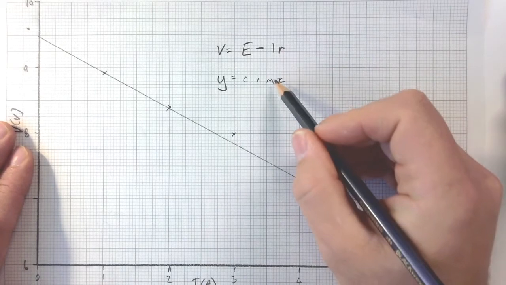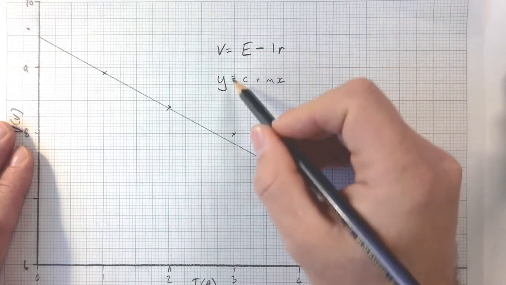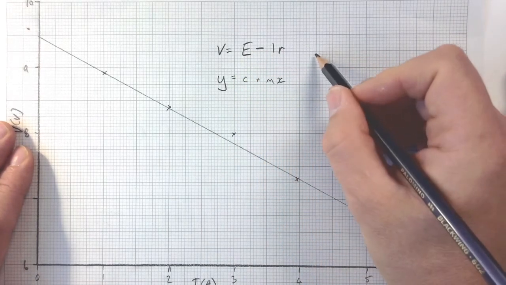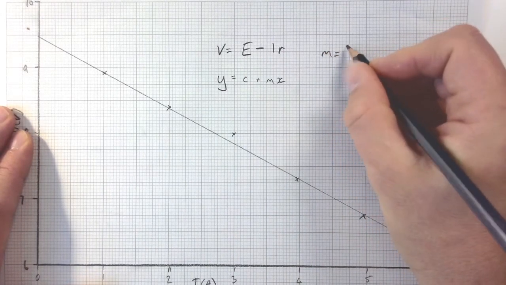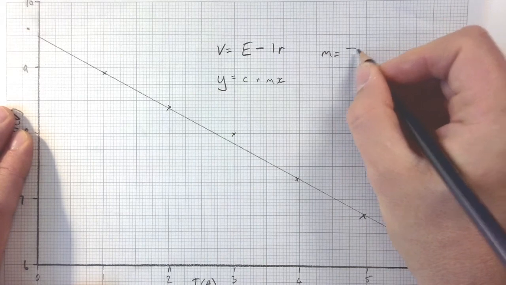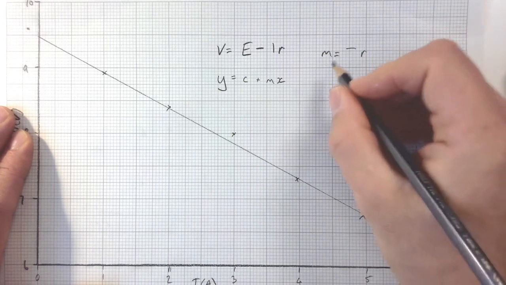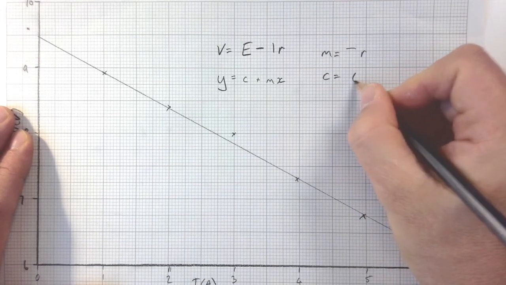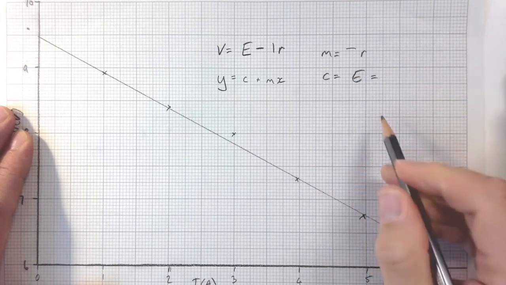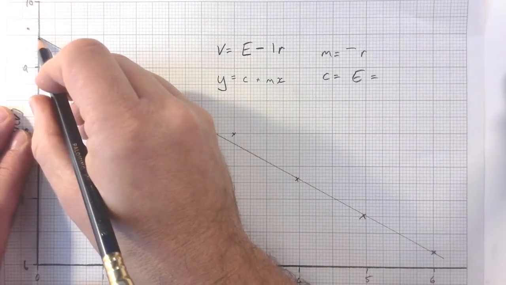Okay, we've had to be slightly creative with which direction we write our mx and our c in, but we can see that the gradient is equal to the negative internal resistance, and we can see that the y-intercept should be equal to the EMF. And we can just read that off our graph.